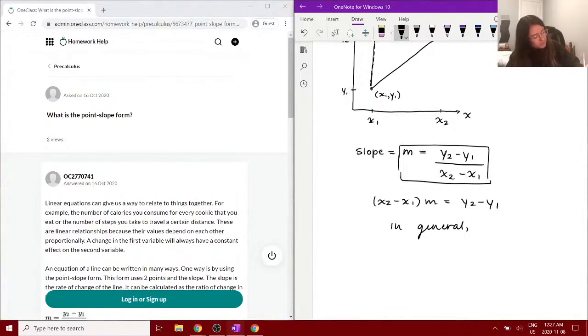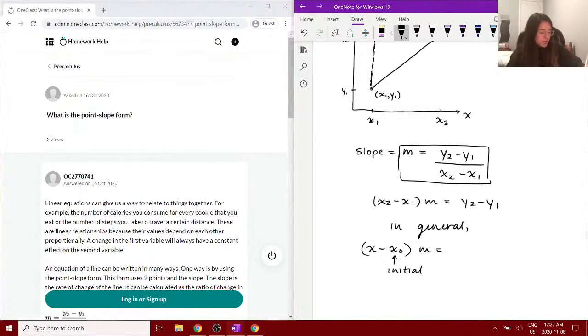General, we have x minus x naught, where x naught is the initial x. So if you write this as x naught instead, and this is just x, right? You might see it in this way.